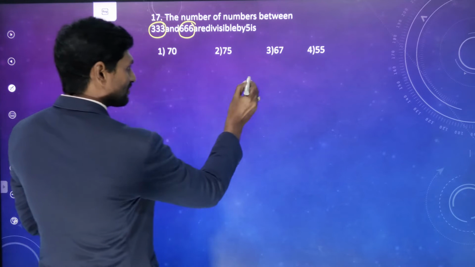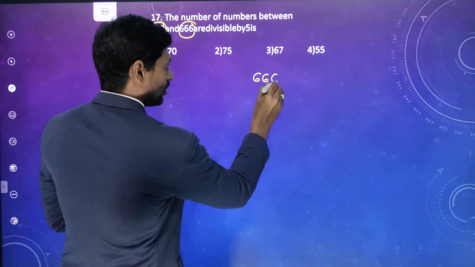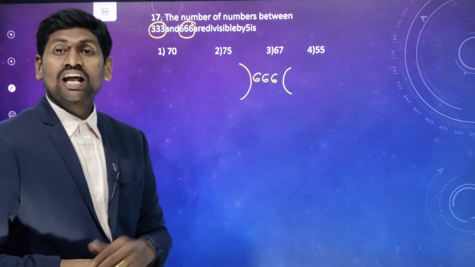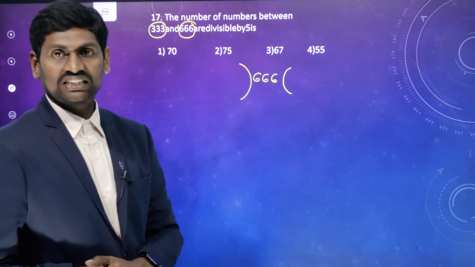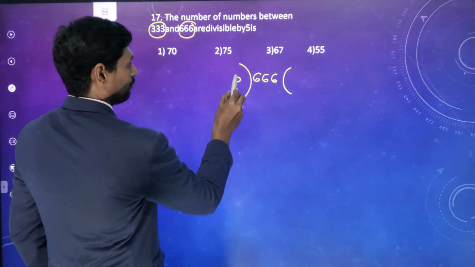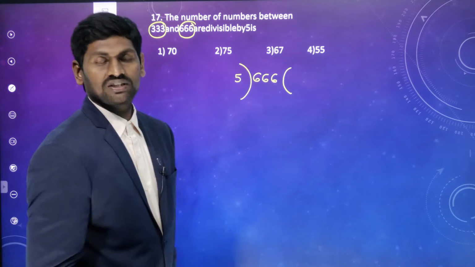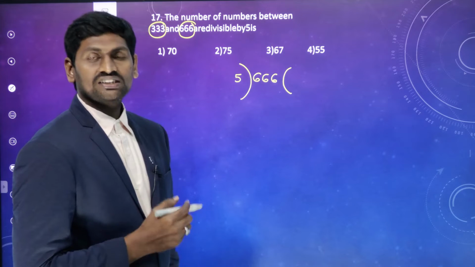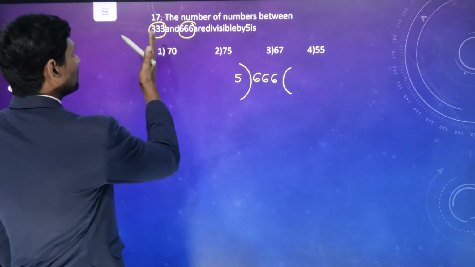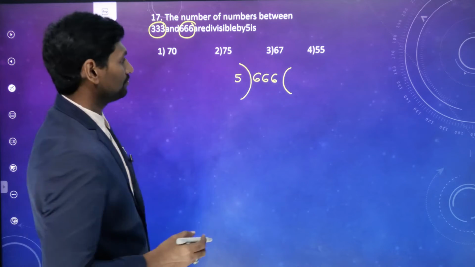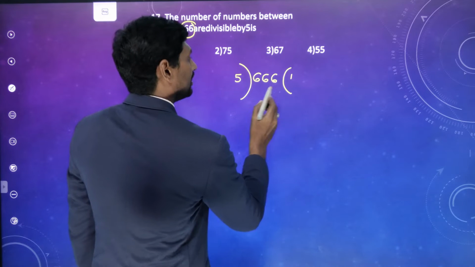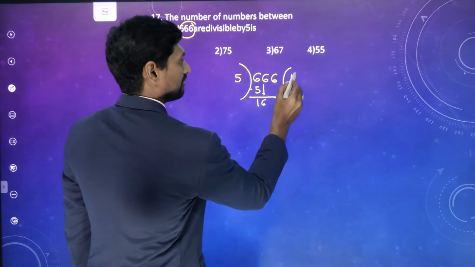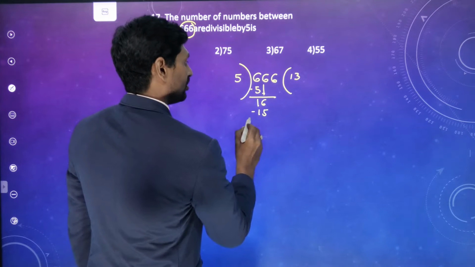Now let us find it using the largest number. I have to find the total numbers from 1 to 666, taking all natural numbers starting from 1. From 1 to 666, we have to find how many are divisible by 5, then we remove those up to 333. 5 ones are 5, 6 down. 5 threes are 15, 1 remainder.